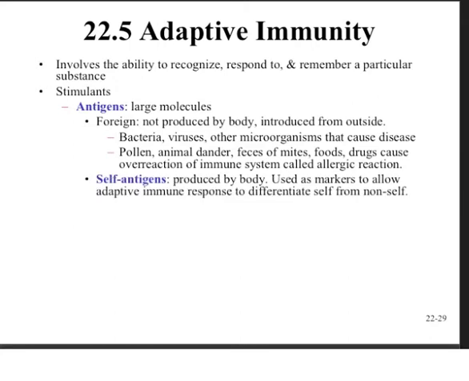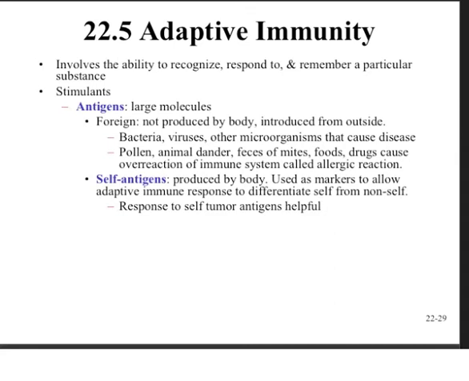Self-antigens are made by the body, and they're used as markers to allow adaptive immune response to differentiate the cells of your body from those that come in from the outside. And so one of the things we have to appreciate about adaptive immunity is that it's not there to evaluate beneficial versus harmful. It's there to distinguish self from non-self.